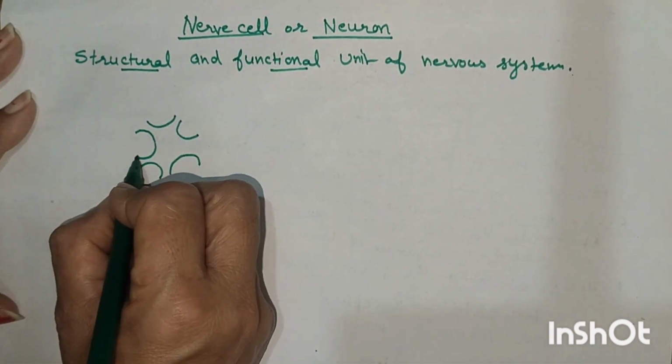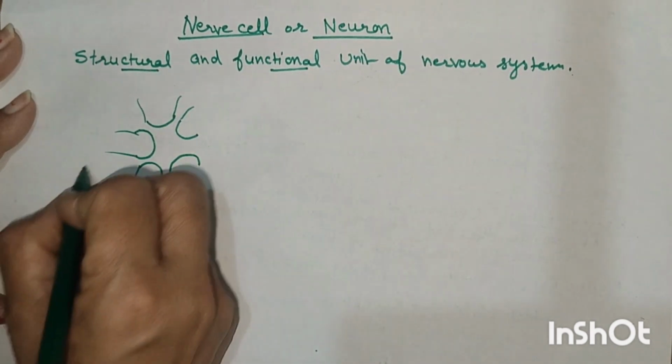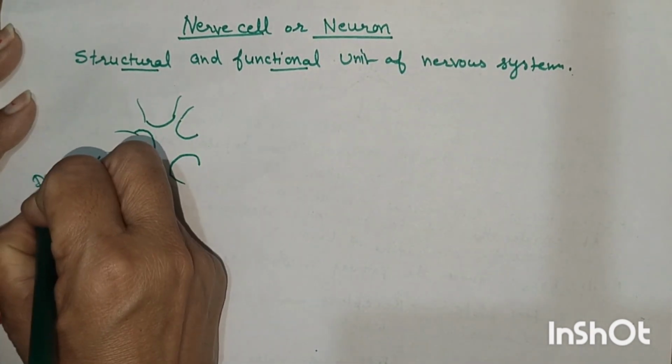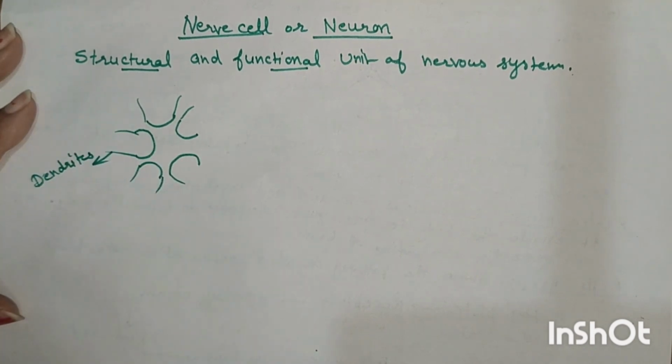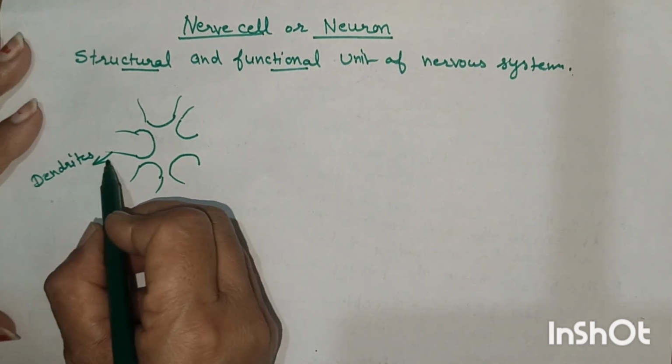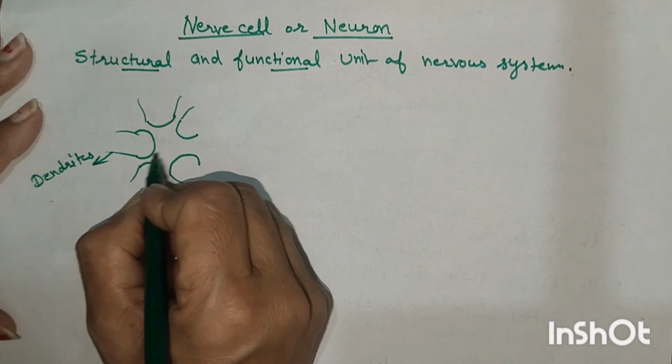These hair-like structures are called dendrites and these receive the stimulus in the form of electric impulse.